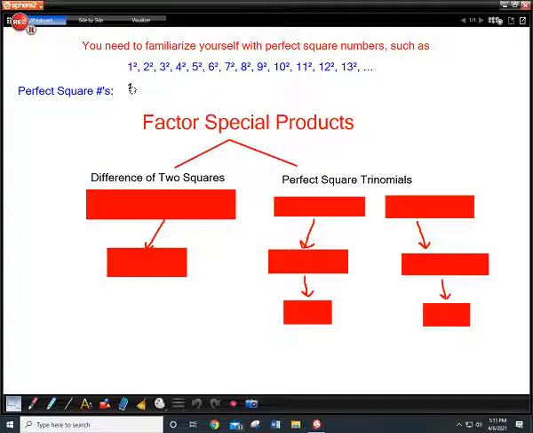Then I want you to answer it as you go. So for example, I started off 1 squared is 1. Then I want you to do what 2 squared is. So 2 squared is 4.